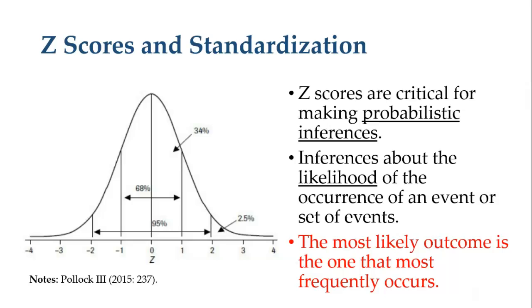And something that is important to keep in mind is that the most likely outcome is the one that most frequently occurs. So remember, what is this table of normal distribution? In the x-axis, what you have here is the values of C, the C score. And remember that the values are standardized here, so the mean now is 0. Each value, like moving from 0 to 1, is like moving from the mean to 1 standard deviation, 2 standard deviations, 3 standard deviations, right?